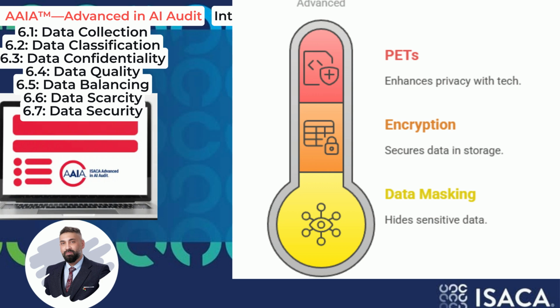Secure data disposal. Implement processes for securely deleting or destroying data when it is no longer needed, in line with retention policies and regulatory requirements. Regular security audits and penetration testing. Conduct periodic audits and penetration tests to identify and remediate vulnerabilities in systems that handle AI data. Employee training and awareness.